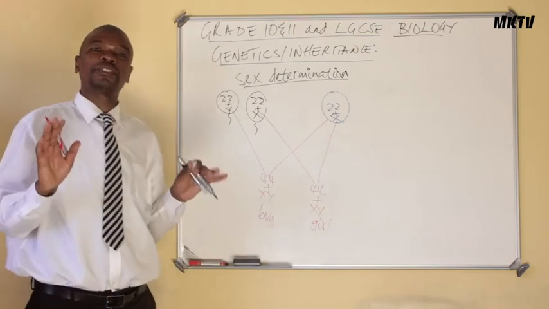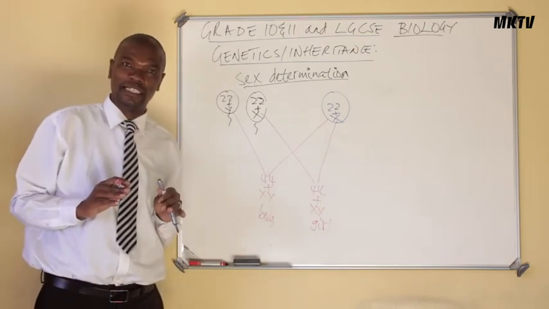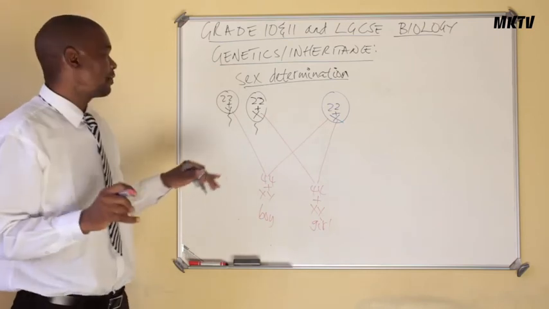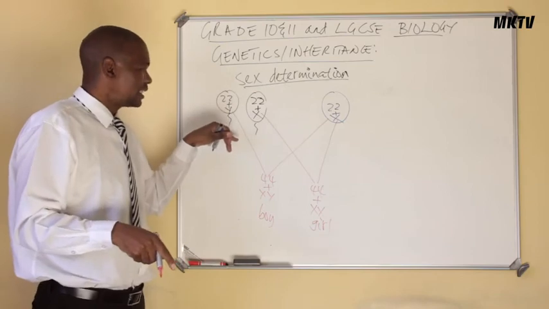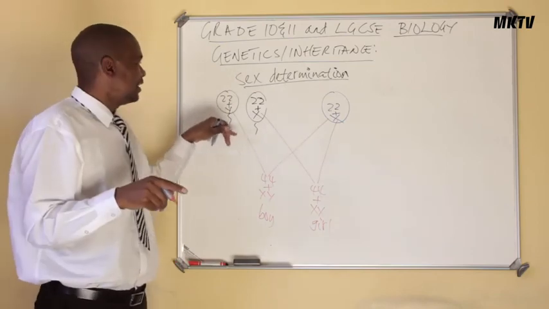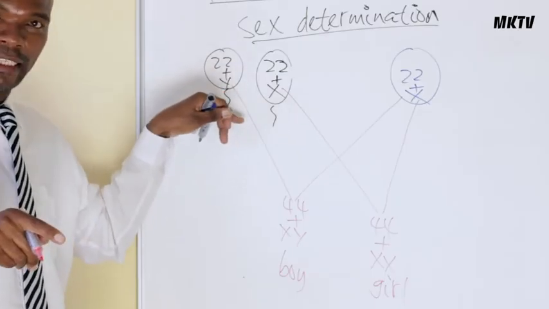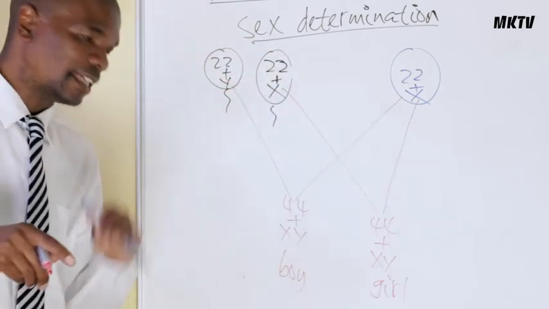So this is how the sex of a baby is determined. I think we are very clear. So it means the sex of a baby is determined at the moment of fertilization. It depends on the type of sperm, either a Y or an X.